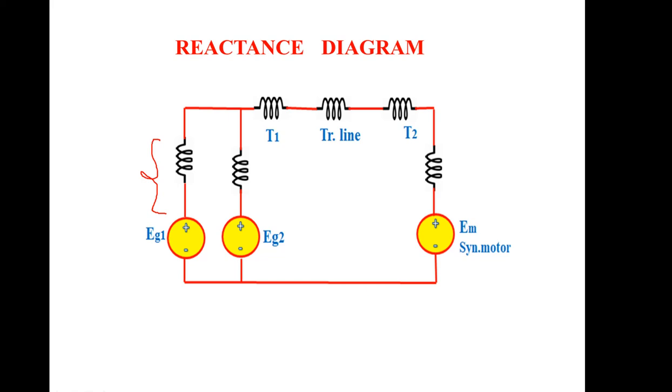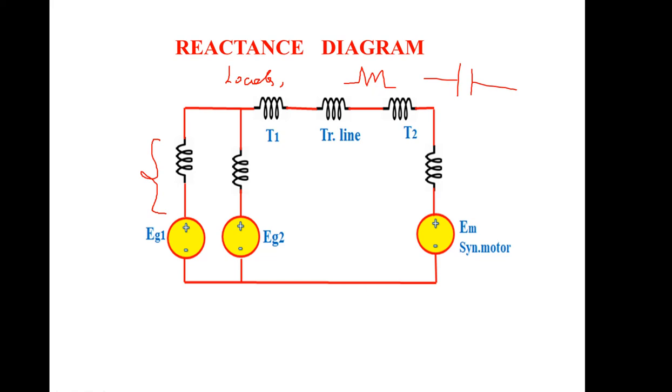So the reactance diagram can be obtained from the impedance diagram if we omit all the loads, resistance, all the shunt branches of the transformer, and the capacitance of the transmission line.